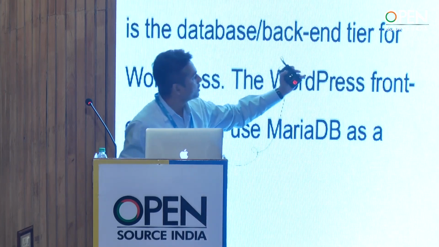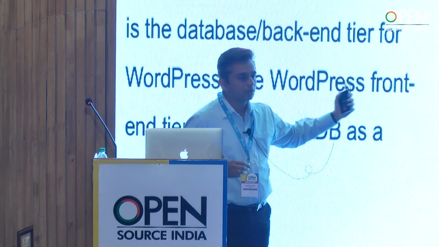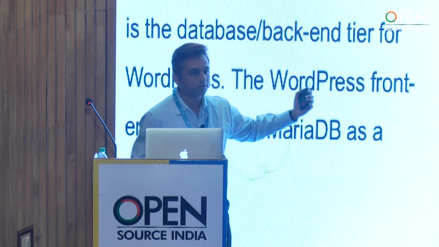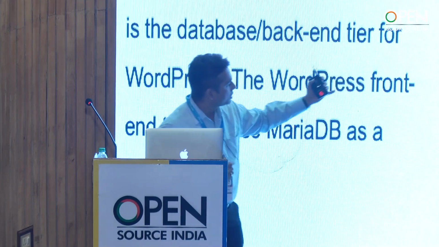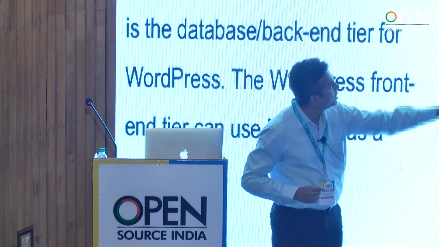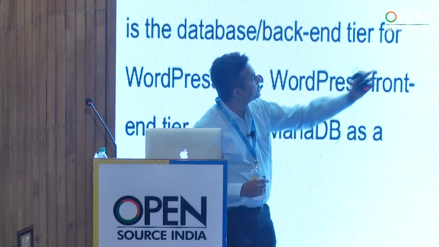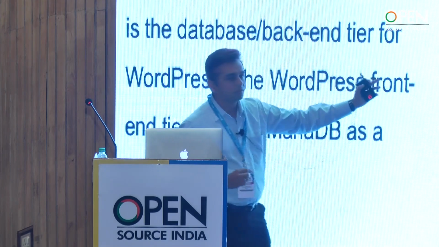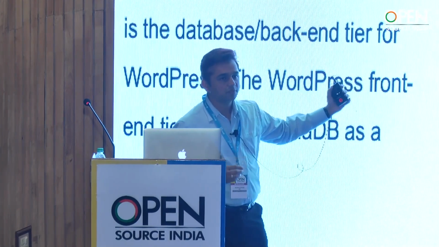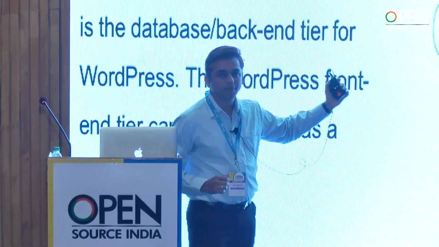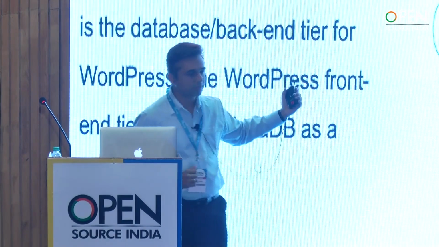Similarly, the user may store non-text data like photos, videos, or other content, which will be stored in the WordPress app. WordPress has its own persistent storage here, and there is a persistent storage for the database app. This is the microservice architecture we'll be seeing in the demo, and we'll also see how we are capturing the different metrics and logs by using monitoring and logging.